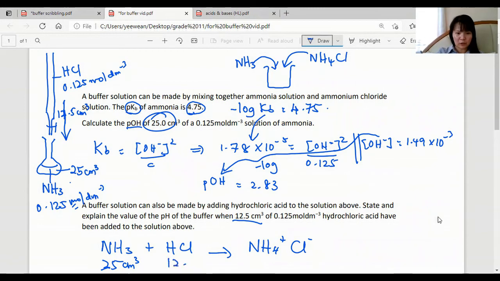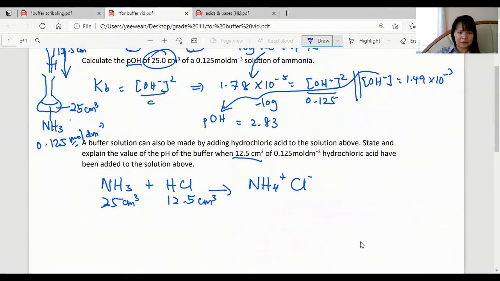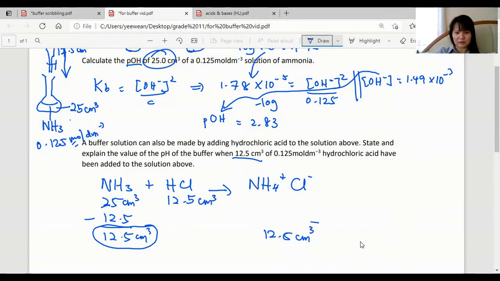So there's 12.5 cm³, which means only 12.5 of the ammonia has reacted, leaving another 12.5 behind. So in my mixture, I have 12.5 cm³ of ammonia, and the HCl reacted with the ammonia and became 12.5 cm³ of salt.